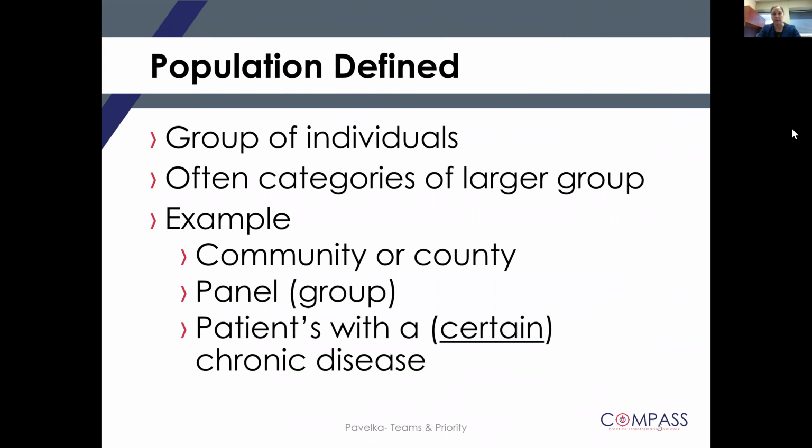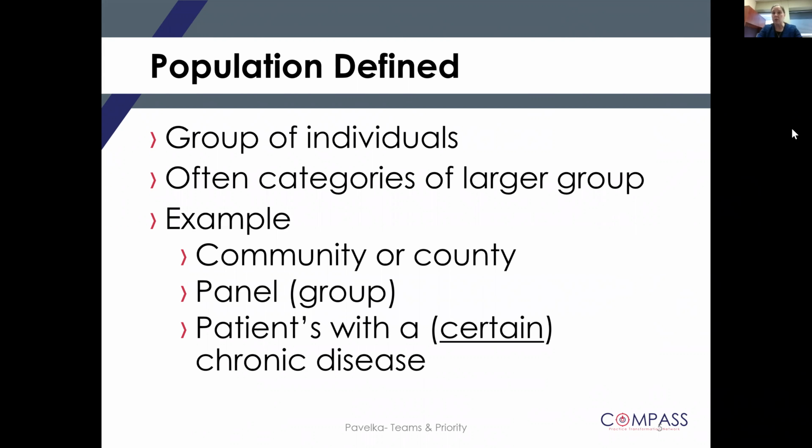That could be considered a population. A population could also be a panel. We call this panel size in the clinic, but it could be your panel of patients. It could also be a group of people with a certain chronic disease, maybe diabetes or heart failure. That could be considered a population. So it's everybody that comes into your clinic that has that certain chronic disease.